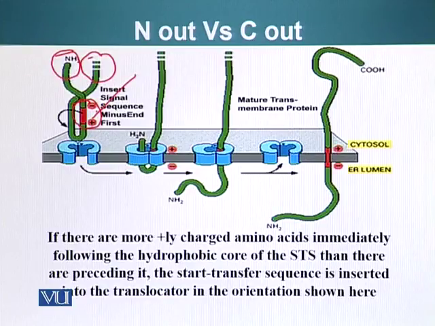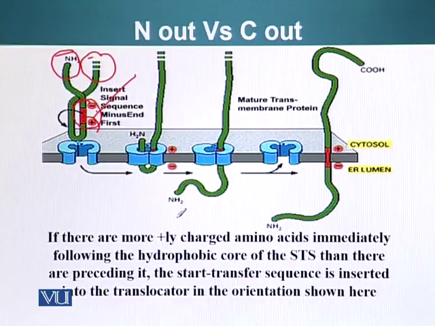So what determines whether the amino terminus or the carboxy terminus will enter the lumen of ER? Basically, it is determined by the charges which are adjacent to the signal sequence here. If there are more positively charged amino acids immediately following the hydrophobic core of the start transfer sequence, then they are preceding it, the start transfer sequence is inserted into the translocator in the orientation shown.